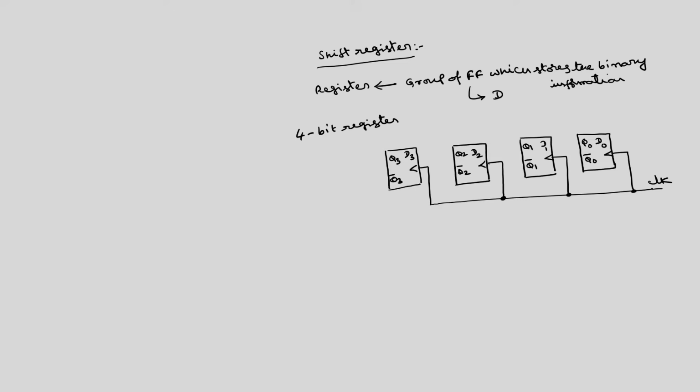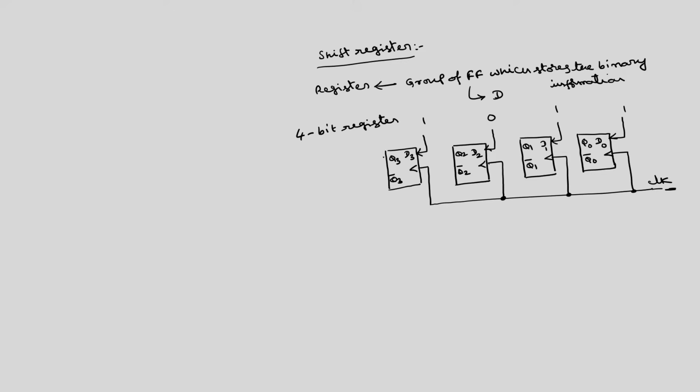So, if you want to store any data, you can directly load the data at this point. Suppose I want to feed data 1011, so you take 1 0 1 1 here and just apply the clock signal.